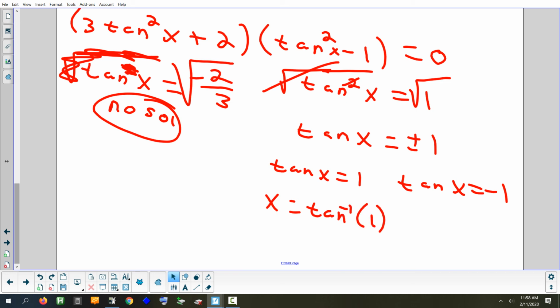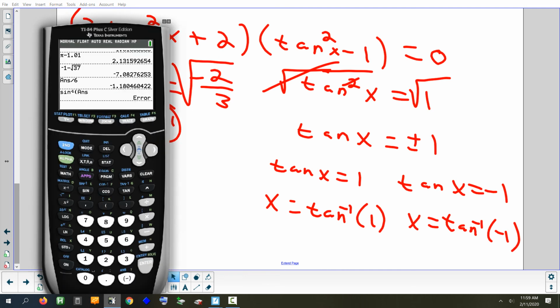Inverse tangent of 1. And what did I say about if you can factor it, what unit should you try first? Try degrees first because usually you get a nice answer. Not always, but usually.